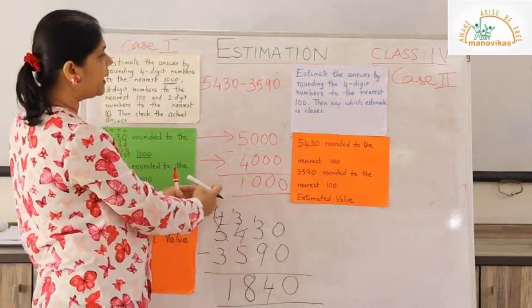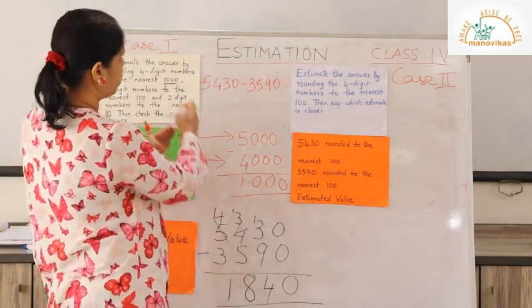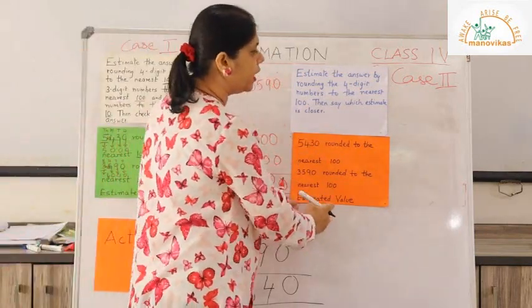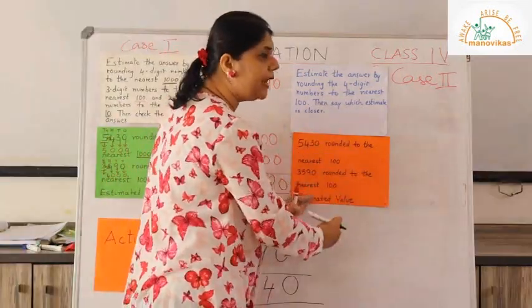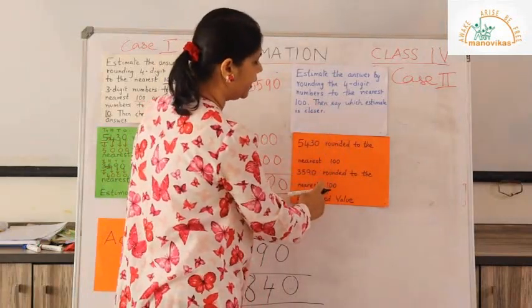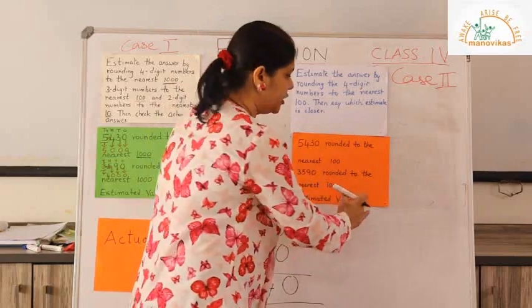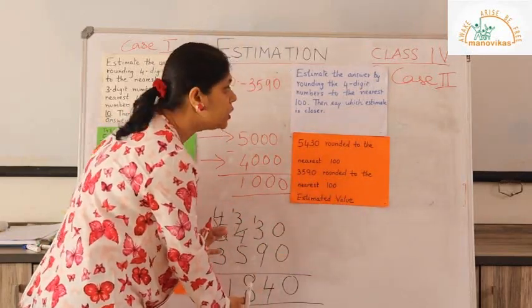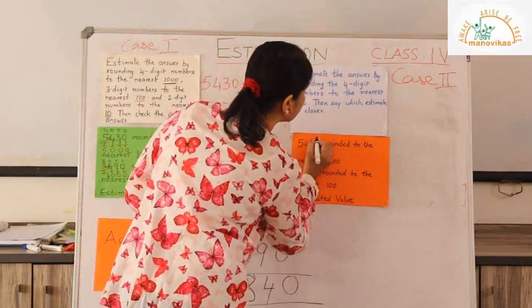We have our estimated value in case 1 as 1000. Now here we will find the estimated value again by rounding these two numbers to the nearest 100 and then check which is closer to the actual value. Have you understood? Now let us do it fast.